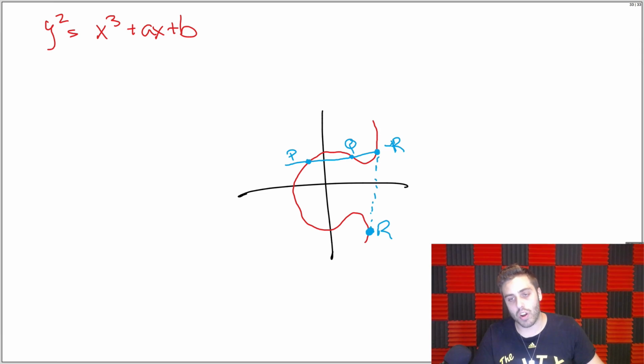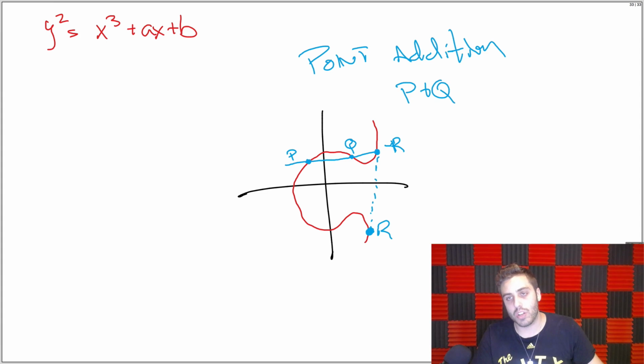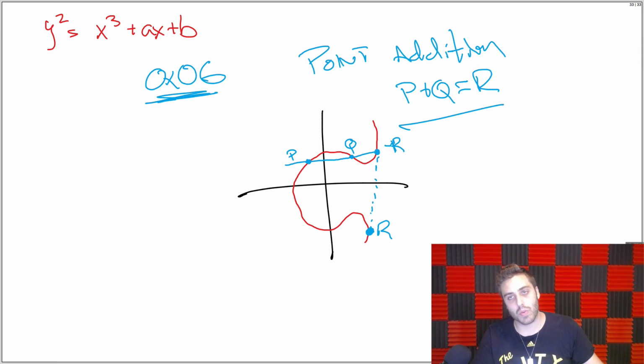And we'll call this point r. And these two properties give elliptic curves very interesting cryptographic properties. But this idea of taking P and Q and then finding the r point is something that we call point addition. And point addition is P plus Q equals r. And the precompiled contract at 0x06 in Byzantium deals with doing point addition on elliptic curves.